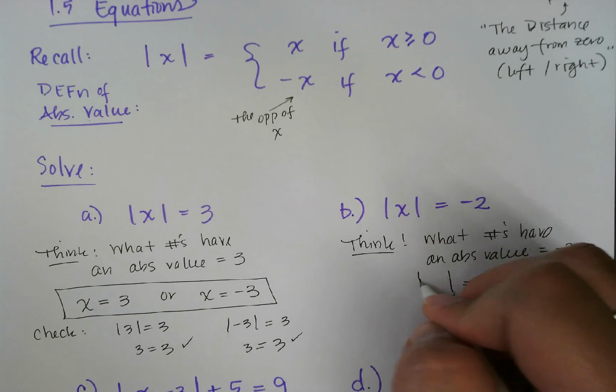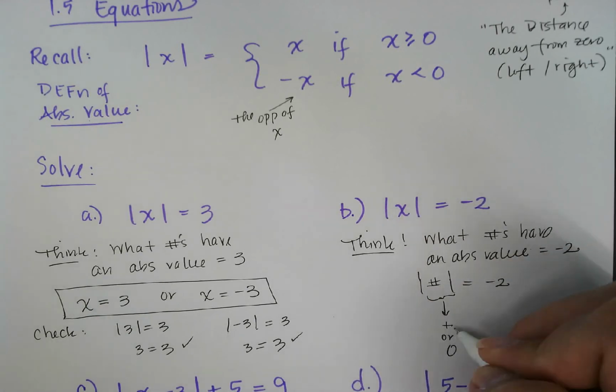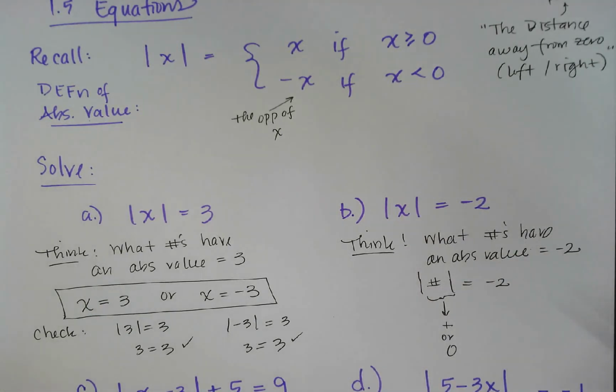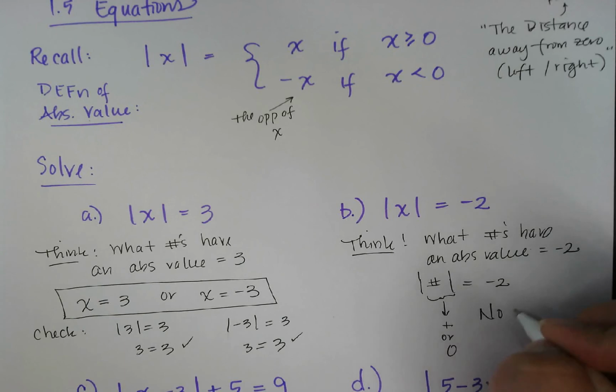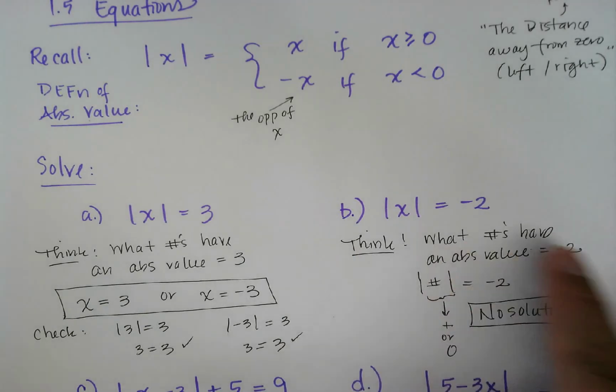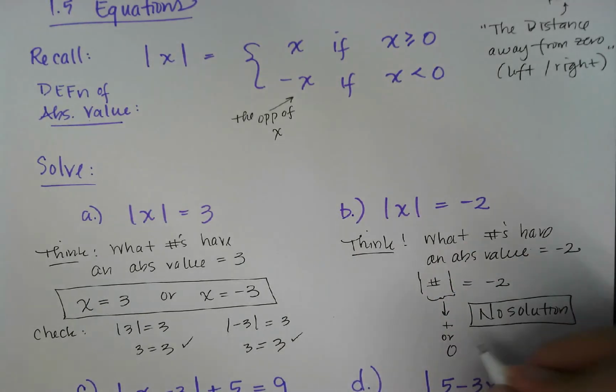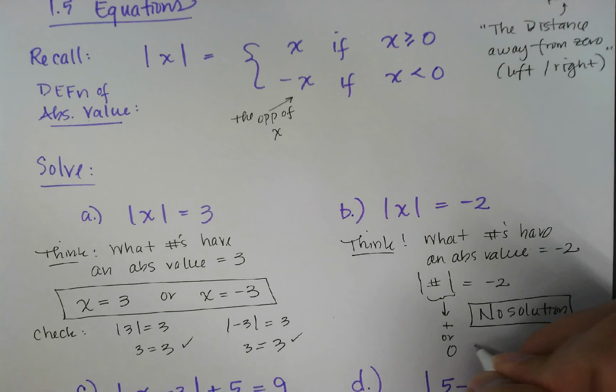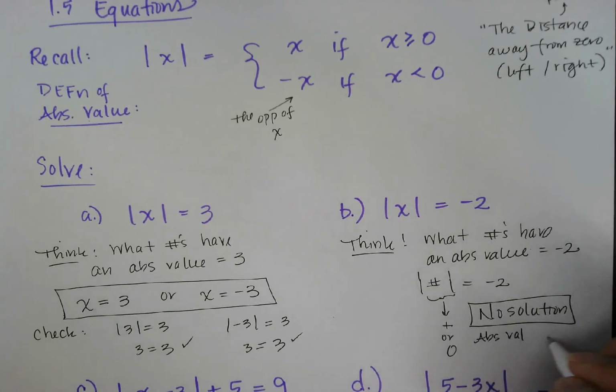So there's no positive number that equals negative 2, and 0 doesn't equal negative 2. So this is no solution. So you really want to do this think step so you are not screwing up and saying the answers are 2 and negative 2. No solution. Absolute values cannot equal negative numbers.